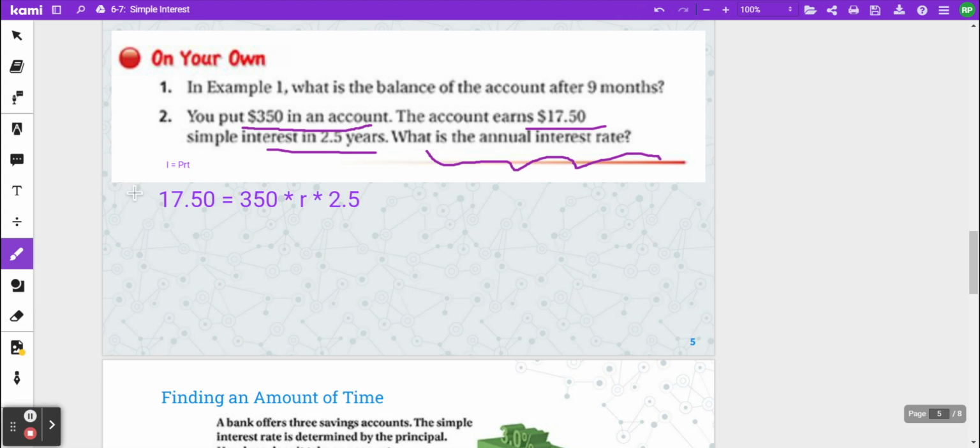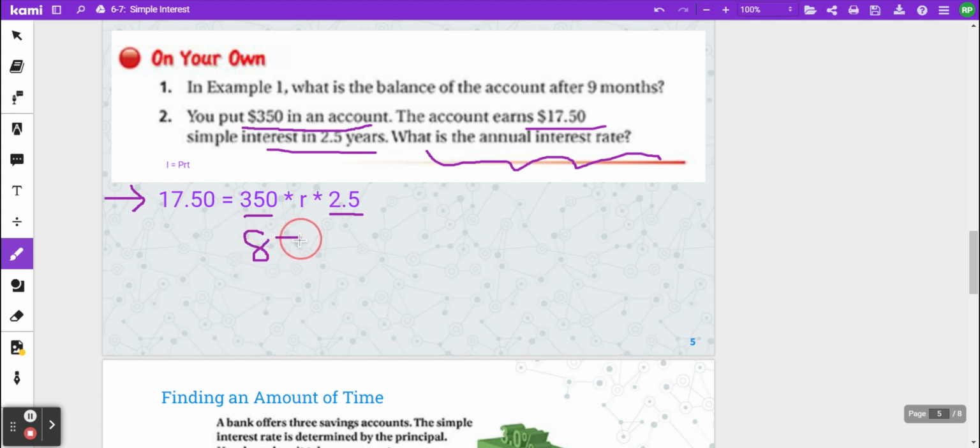So here we have the equation with everything substituted for the correct variable. 17.50 is equal to 350 times R times 2.5. Before we try to isolate R, we should simplify whatever possible. So I can use the commutative property and multiply 350 times 2.5 first, which gives us 875.